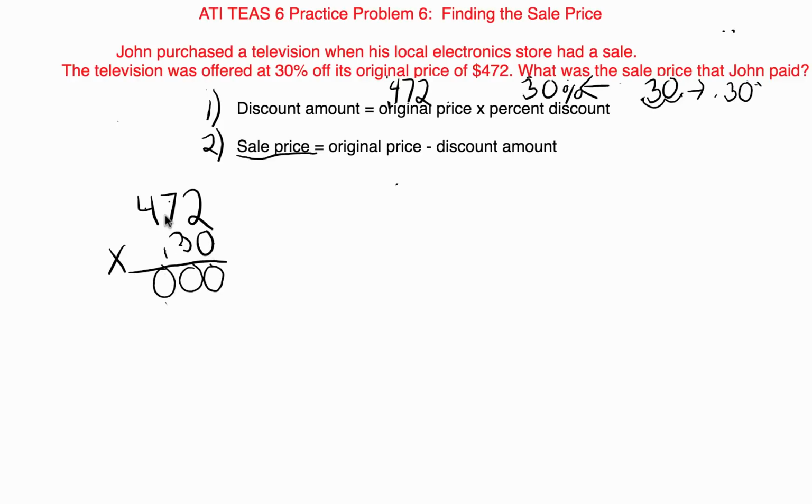So basically we took 472 and multiplied it by the ones place in 0.30. Second row, you add your placeholder and you start with the tens place. 3 times 2 is 6. 7 times 3 is 21. Carry the 2. And 4 times 3 is 12. You will add the 2 to 12 to get 14. Add your values together.